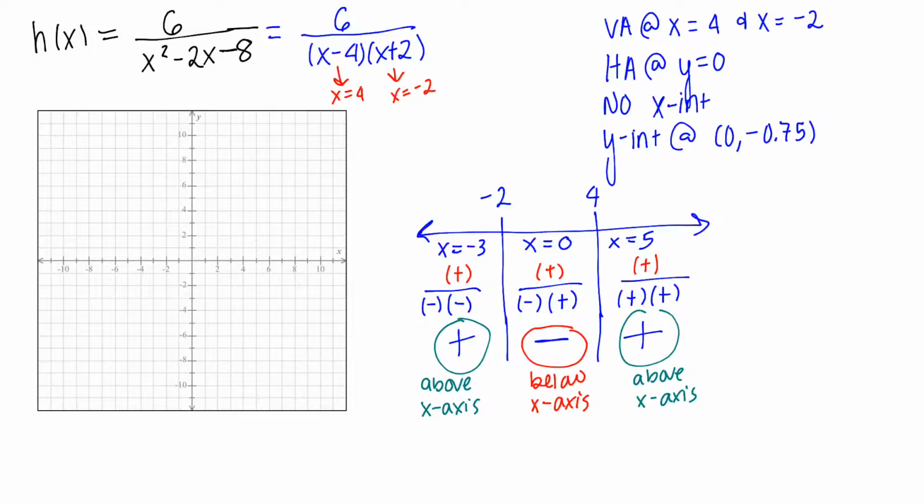So let's come to our graph and draw in the asymptotes and the intercepts and start there. Vertical asymptotes at 4 and negative 2. So here's one at 4. Here's one at negative 2. There's a horizontal asymptote at y equals 0.